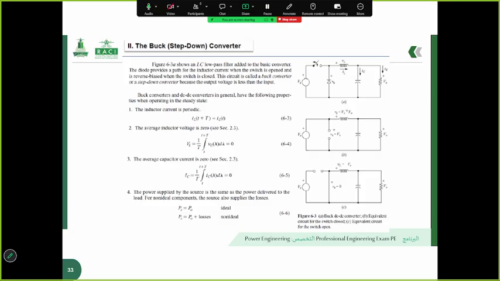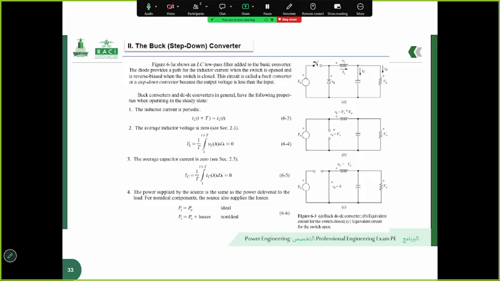So the buck converter efficiently reduces the input voltage to a lower regulated DC output. The switching duty cycle, or D, determines the average output voltage, and VO is equal to D times Vs. The inductor and capacitor smooth the voltage and current, ensuring a stable output.